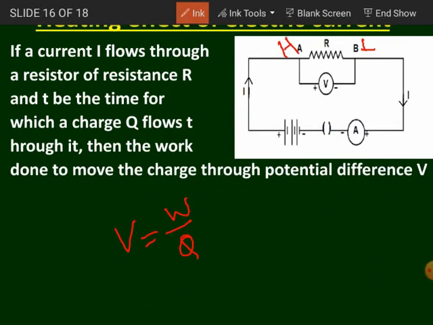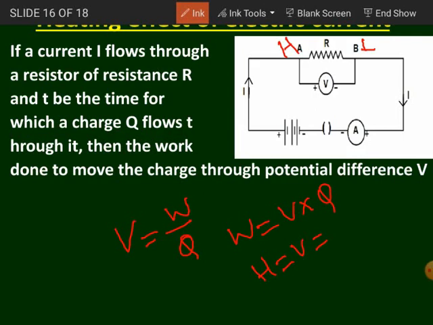Got it? That amount of work done is W, and this W is equal to V into Q. So your V into Q is the amount of work done which will be converted into heat. So your heat will be equal to V into Q, where this Q can be expressed as what?